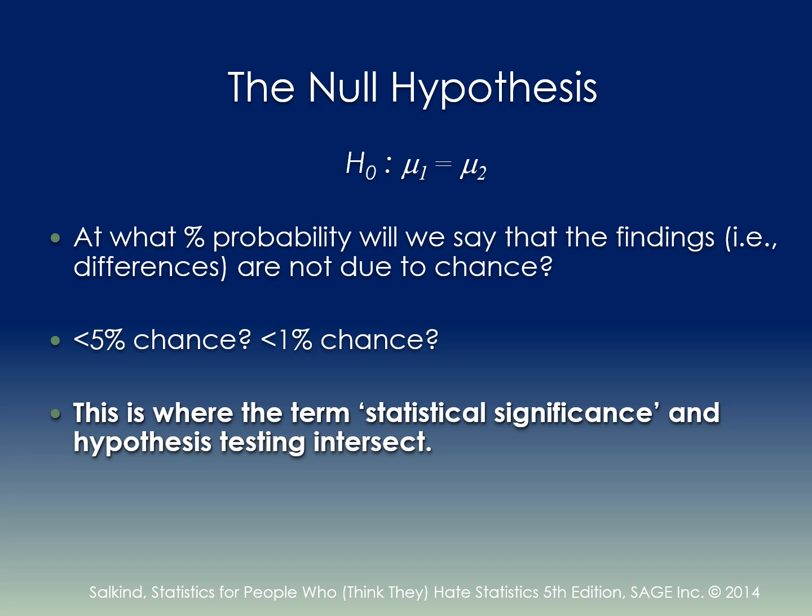Maybe it's 50%, maybe it's 40%. How low do you want to go before you say, the chances that the findings we see in our experiment happened by chance are so low, right? Maybe less than 1%, maybe less than 5%, as I have here on the slide. They're so low that there's likely something else that really was the cause or the determinant of the effects that we see in our experiment.